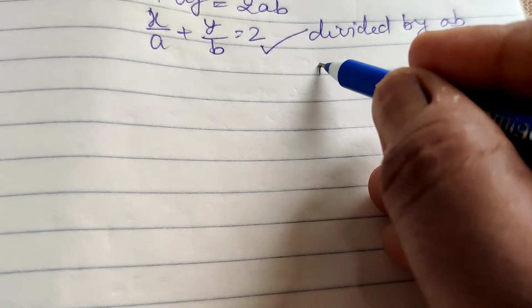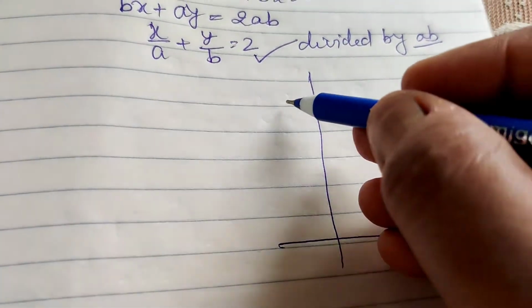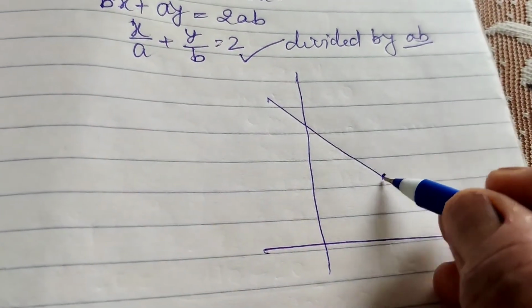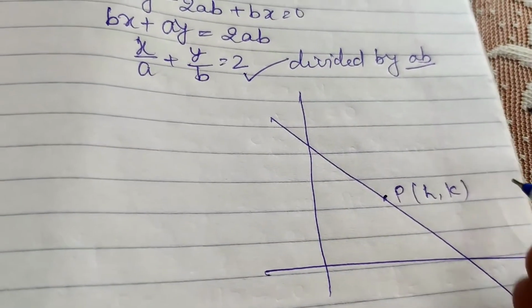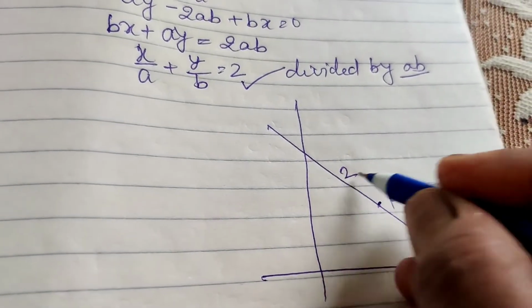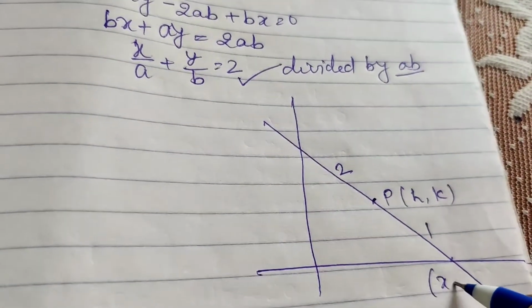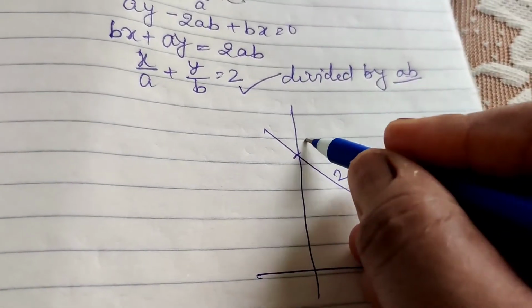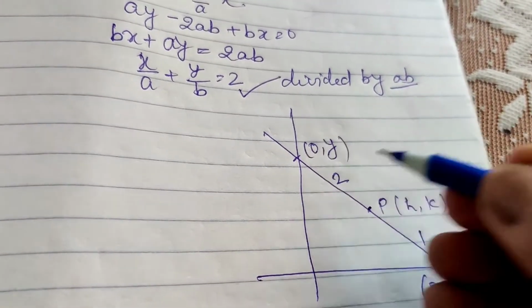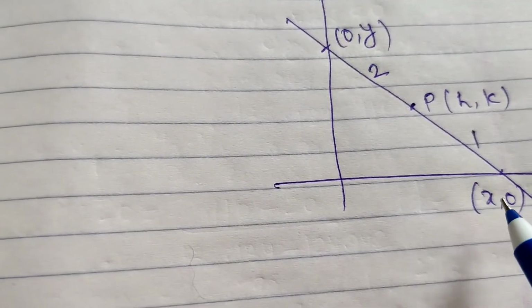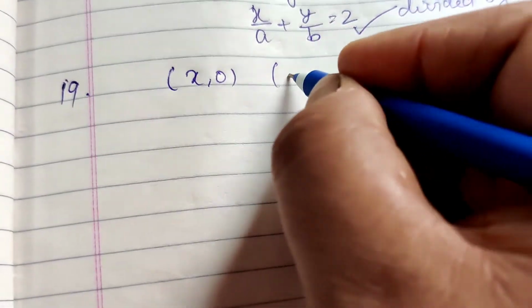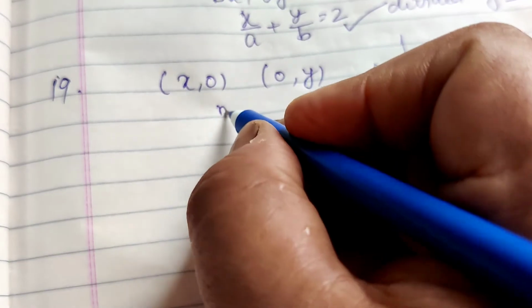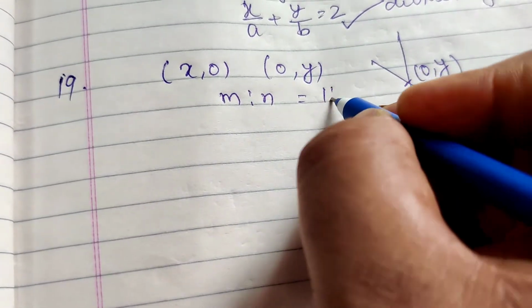Question number 19. Suppose here is a line. A point P with coordinates h, k divides the line in the ratio 1:2. Suppose the points are (x, 0) and (0, y), divided in the ratio 1:2, m:n is 1:2.